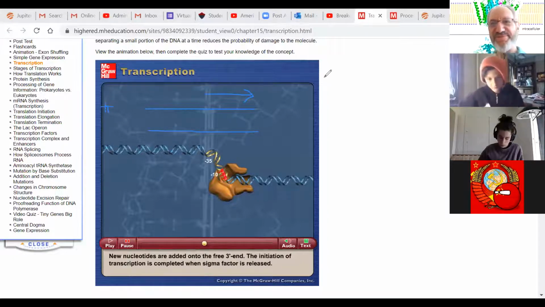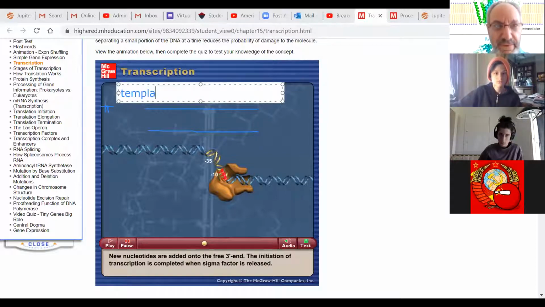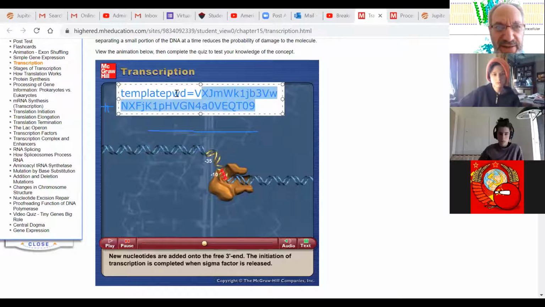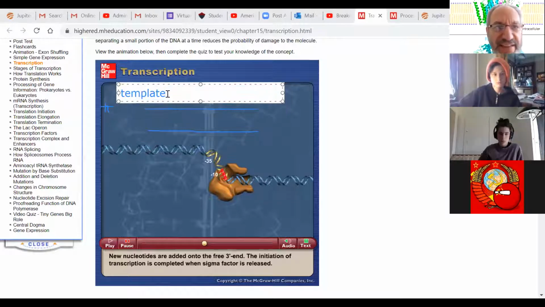Sorry, I have to use the text thing. We're going to call this the template strand. And then the bottom is called the coding strand.